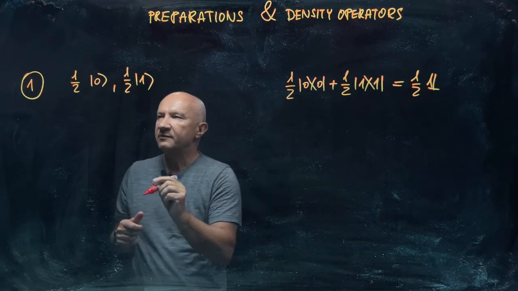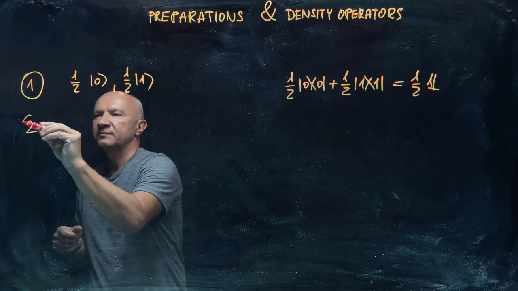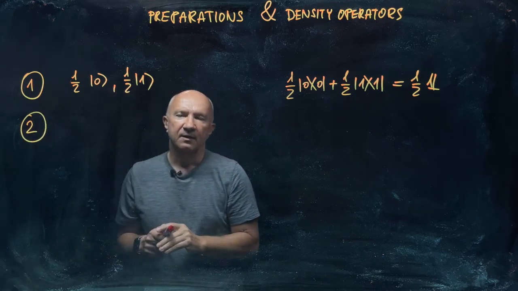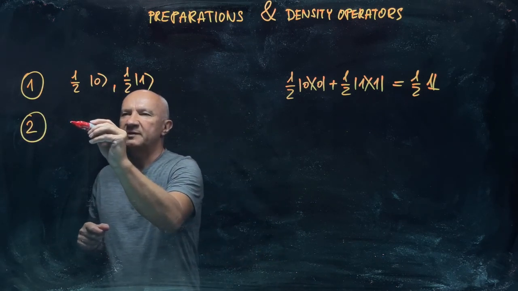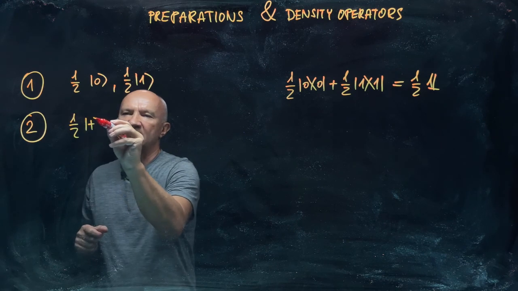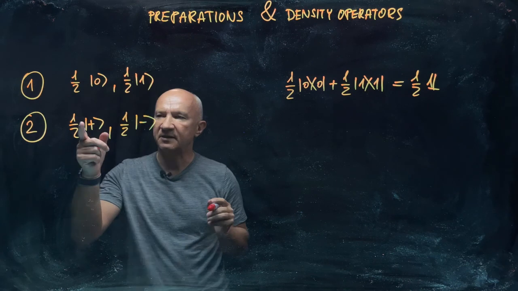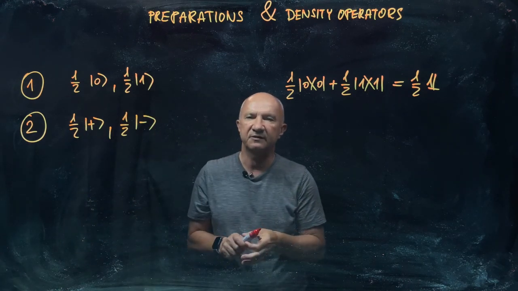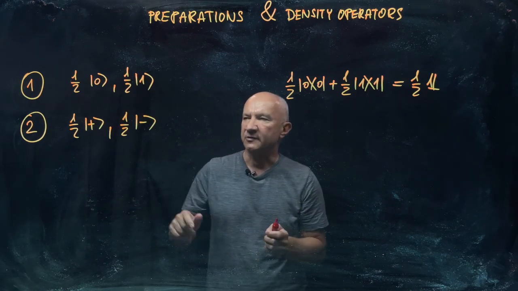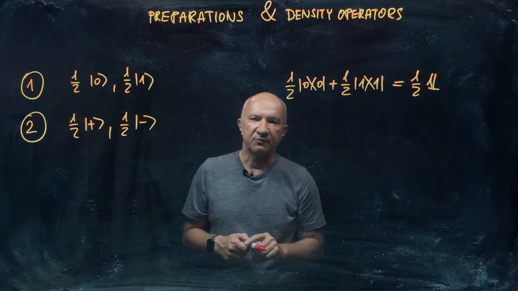Now, my second preparation, number 2, is such that with probability half, I prepare state plus, and with probability half, I prepare state minus. So states plus and minus are two eigenstates of the sigma x operator corresponding to eigenvalues plus 1 and minus 1.